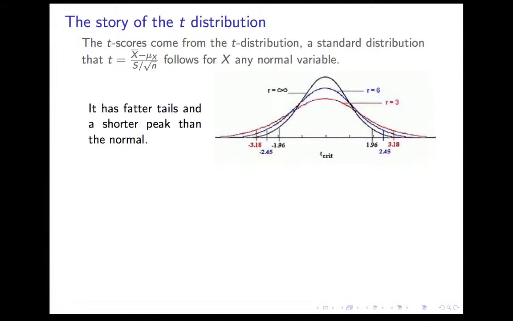What does it look like? It looks sort of like the normal distribution. It's bell-shaped, like the normal distribution, but with fatter tails. So here you see a graph of a normal distribution, specifically with mean 0 and standard deviation 1. That's in black. And you can think of the normal distribution as the t distribution with infinitely many degrees of freedom, if you like. That's why it's labeled r equals infinity. But superimposed, you also see the t distribution with 6 degrees of freedom in blue and with 3 degrees of freedom in red.